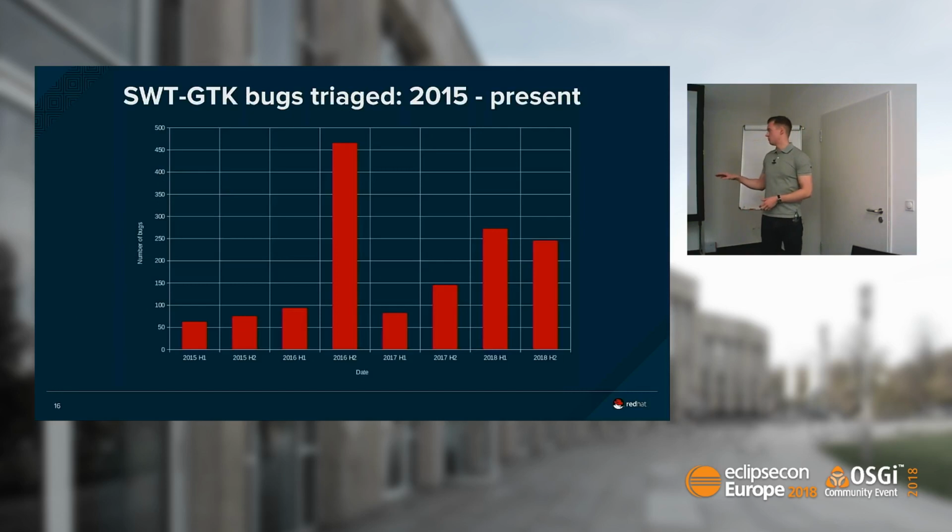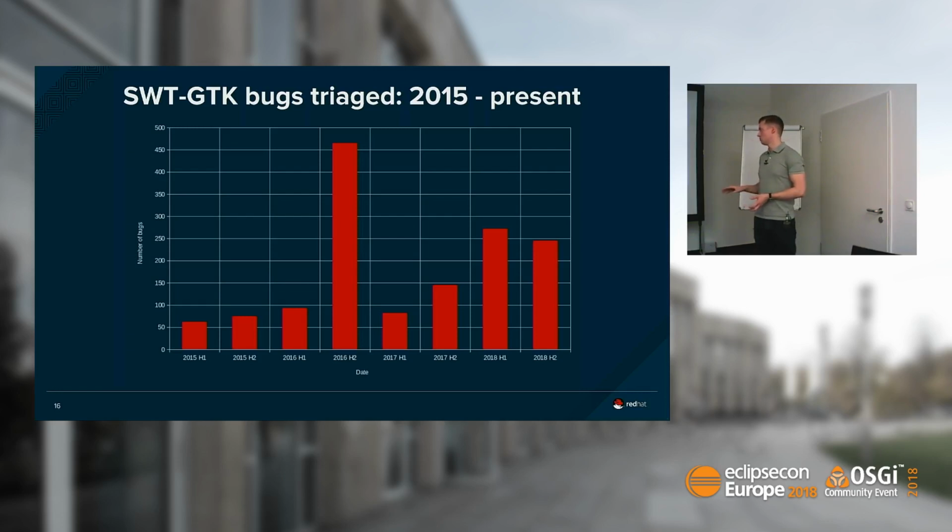So this is from 2015 in half-year increments. I don't know if you can see the legend at the bottom, but it's basically 6-month chunks starting from January 1st, 2015 until now. And these are the number of bugs that we closed as either not reproducible anymore or they're duplicates of some other existing ticket or something like that. So these aren't fixes, these are just purely triaged issues that we already have somewhere else.